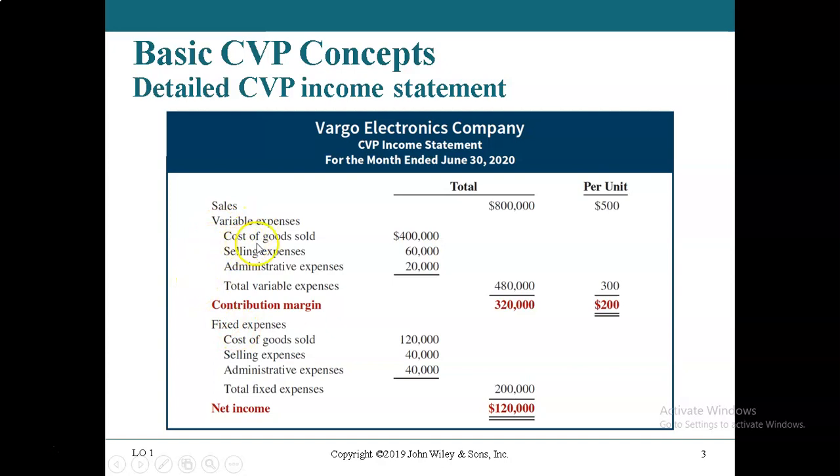Notice that cost of goods sold appears twice. It's 400,000 here at the top, and it's 120,000 at the bottom. The reason it appears twice is because you can have variable cost of goods sold and fixed cost of goods sold. You can have variable selling expense, which is 60,000, and fixed selling expense, which is 40,000. And the same thing with administrative expenses.